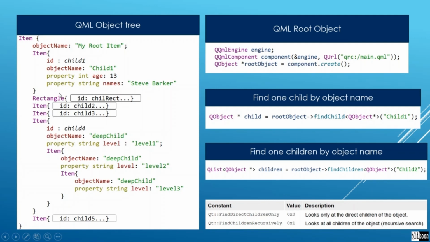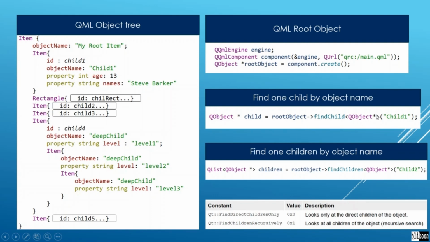We are going to be using these object names to get the particular item that we might be interested in the QML object tree here. So how do you get the children? There are two sets of methods that you can call. If you need to get one child, you can call findChild on the root object. If you need to get multiple children, you can call findChildren.